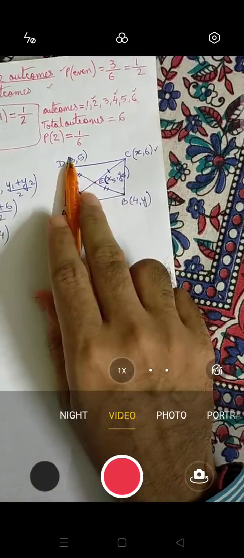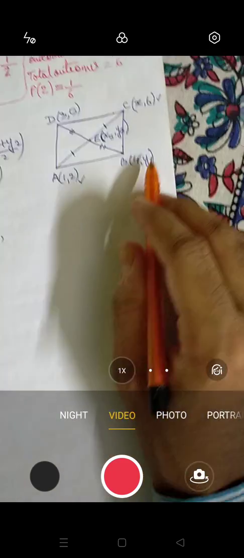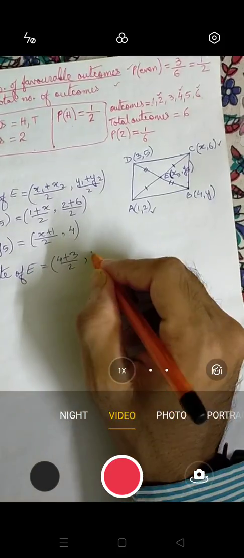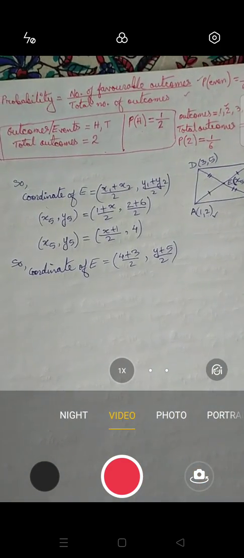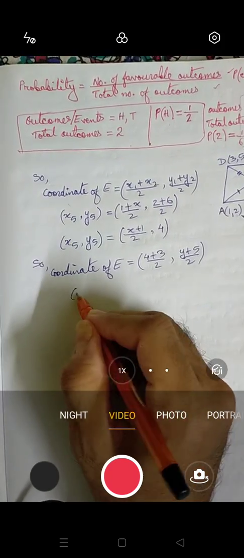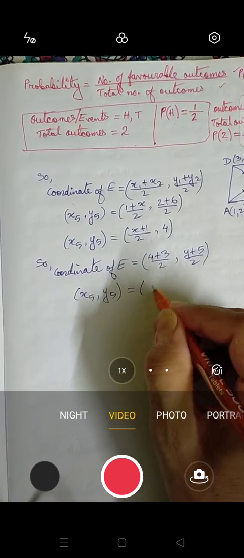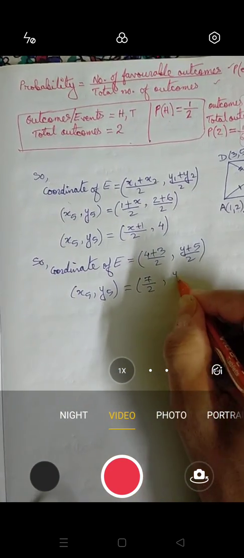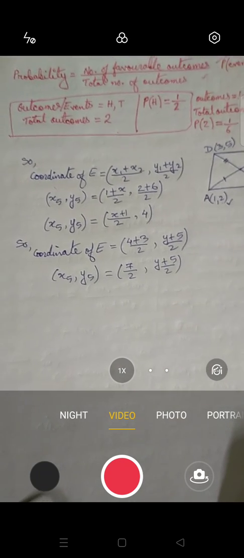So can we say 4 plus 3 by 2, comma, y plus 5 by 2? Okay? Now this coordinate of E was (x5, y5) equals, this can be written as (7 by 2, comma y plus 5 by 2). Any problem?